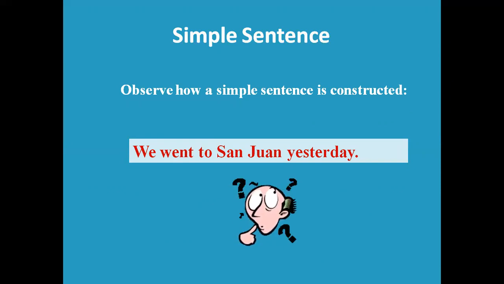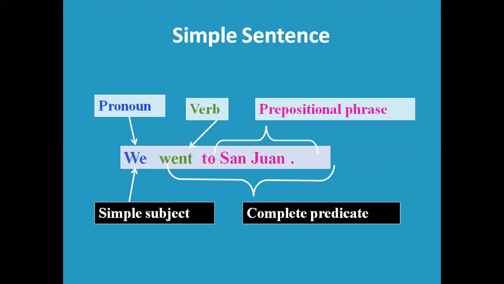Example: we went to San Juan yesterday. Here is an example of a simple sentence. We is the subject, and went to San Juan yesterday is the predicate. Why? Because here you can see one noun or pronoun, one simple subject, and went to San Juan is the complete predicate.